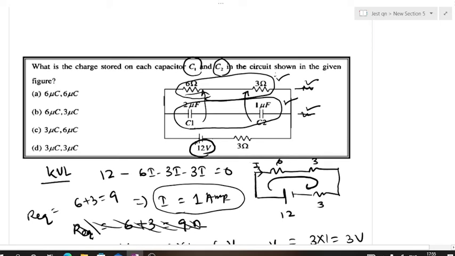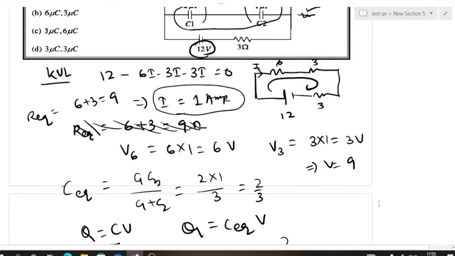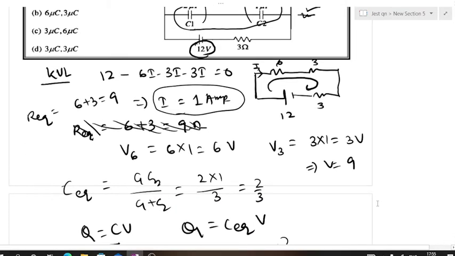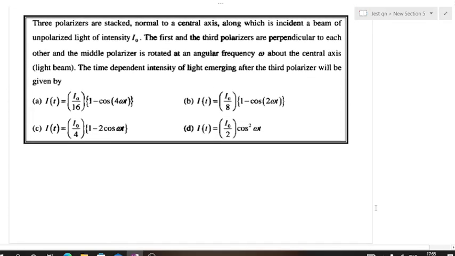Option A. This is another question. 3 polarizers are stacked normal to a central axis. 3 polarizers, suppose like this.